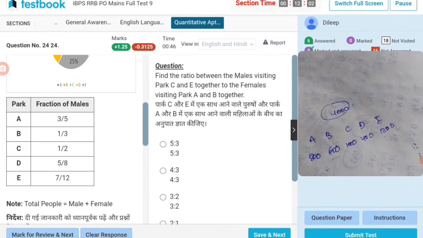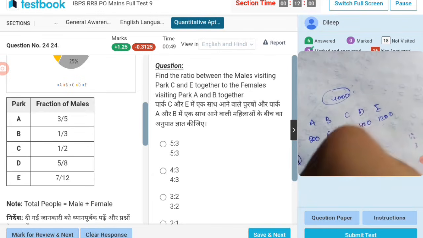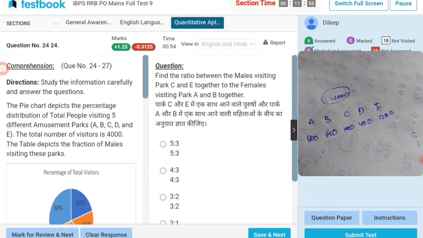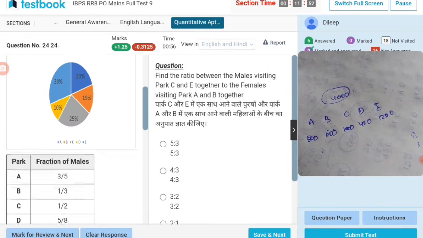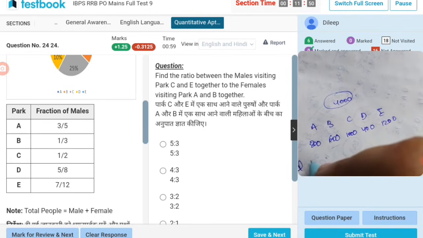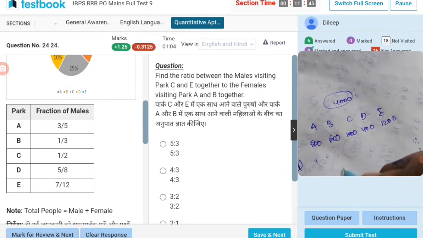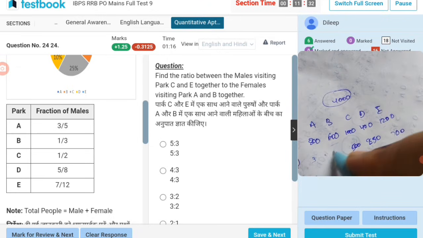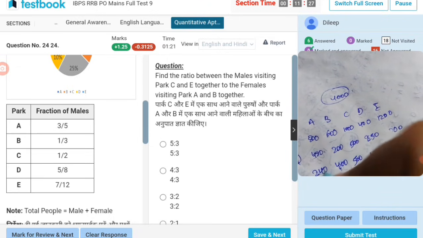Next, the fraction of males and females. Males visiting the park: 3 and 2, 1 and 2, 1 and 1, 5 and 3, and 7 and 5. 700, 500, 250, 150, 500, 500, 200, 400, 480, and 240.